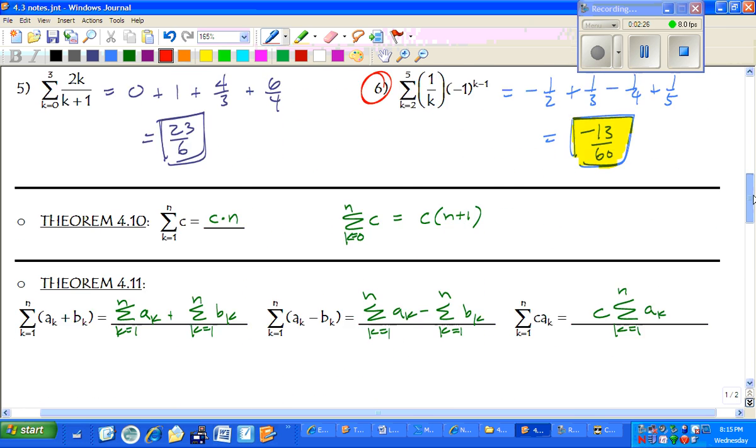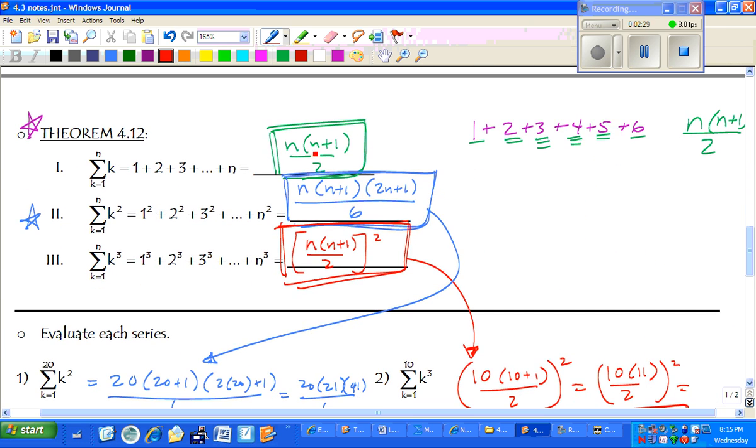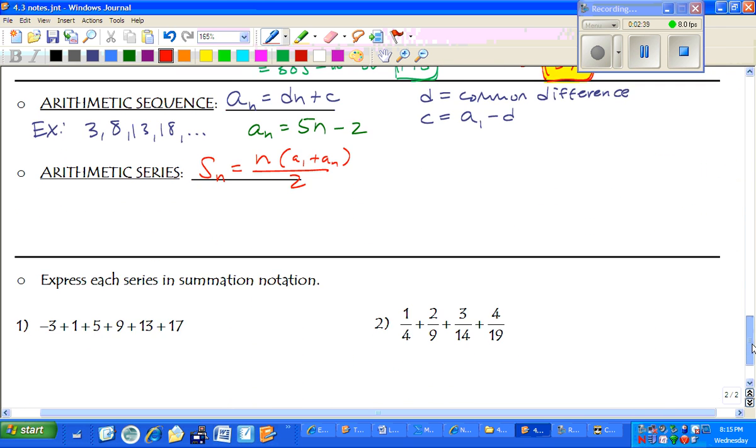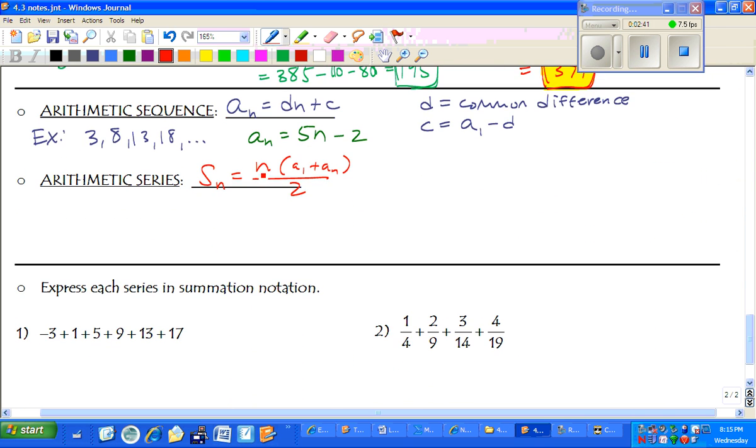That one up here, n times n plus 1 all over 2, the number of terms times the last term plus the first term, all over 2. Basically, we have the same thing here: number of terms divided by 2 times the first term plus the last term. This just is more general. It doesn't have to be 1, 2, 3, 4, and so on. So this is our sum formula.